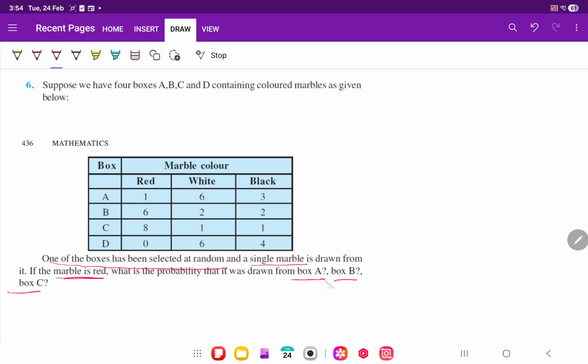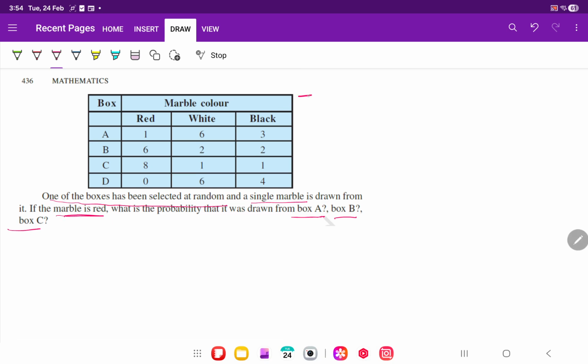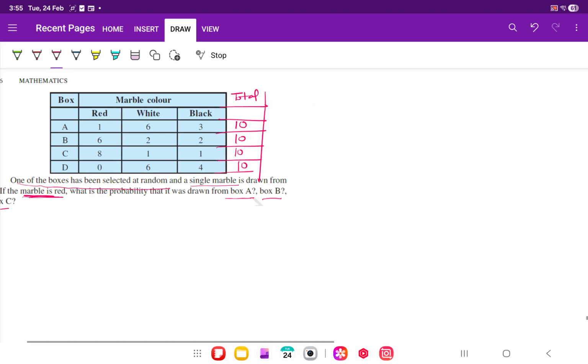So first of all, let me write down how many total marbles are in each box. In this box there are 6 plus 2 plus 2, which is 10. So there are 10 in each box. They are saying the marble taken out is red. Okay, so let's make a flow chart out of this table.